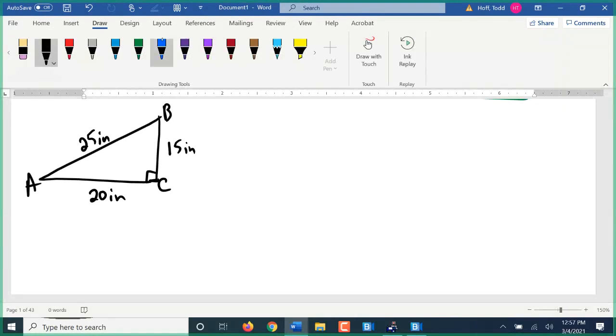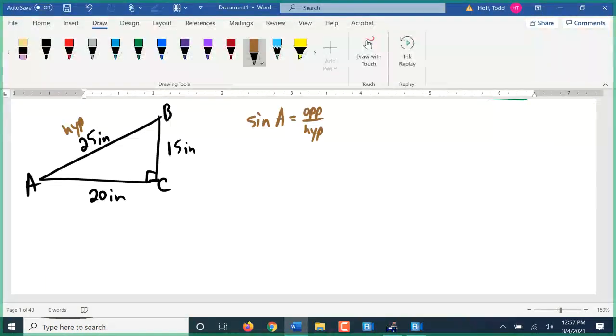So if I ask you to find the sine of angle A, well, remember the sine is the length of the opposite side over the hypotenuse. The hypotenuse is this side. It is the side across from the right angle. That's always the hypotenuse. But the opposite side and the adjacent side depend on which angle we're looking at.